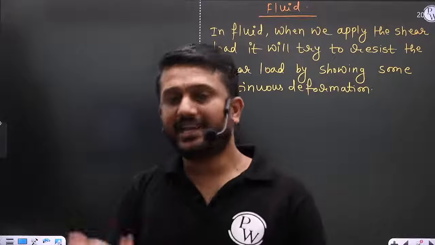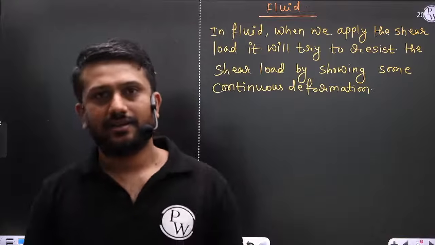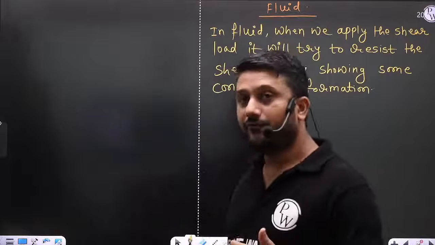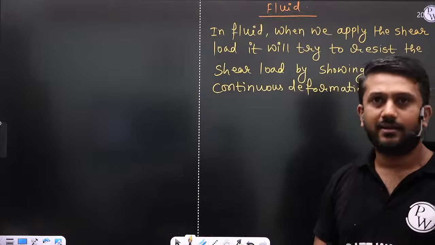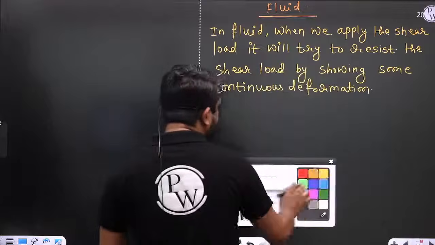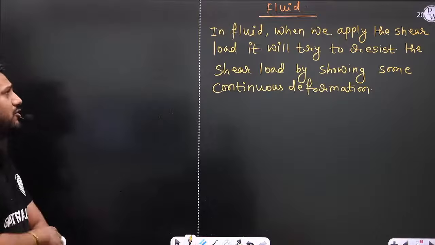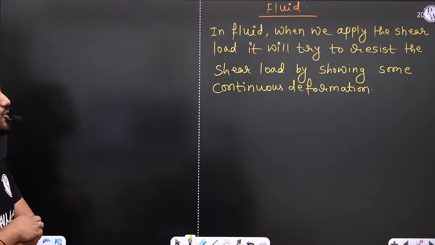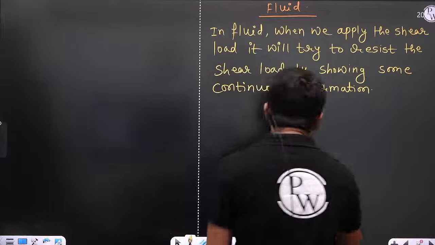But you are an engineer, so don't say this definition. Fluid flowing is a property of the fluid. So in case of the fluid, when we apply the shear load, it will try to resist the shear load by showing some continuous deformation.